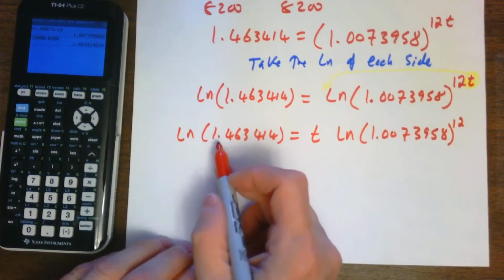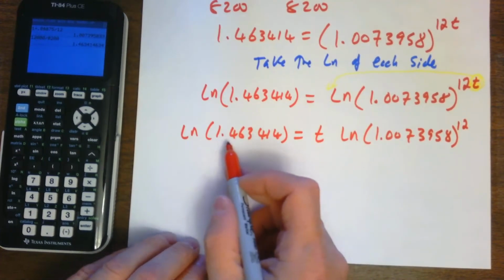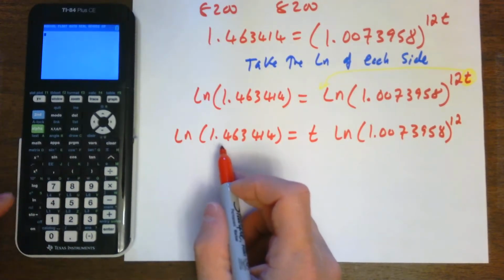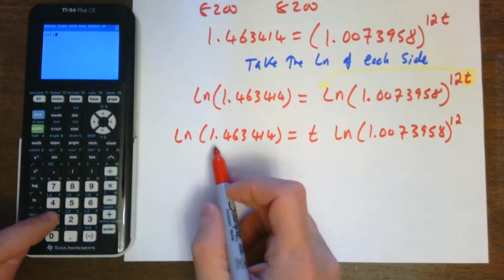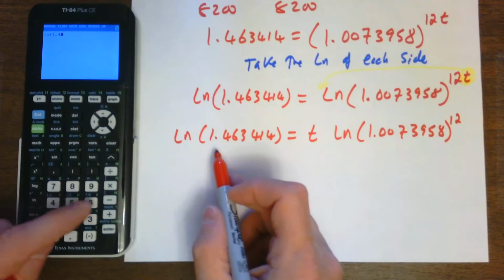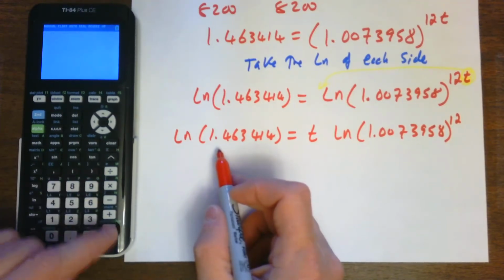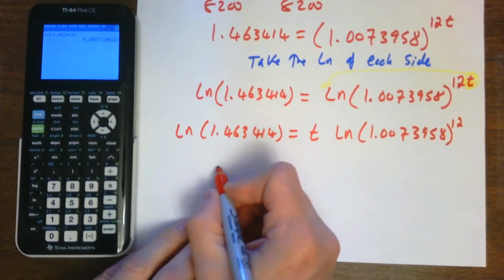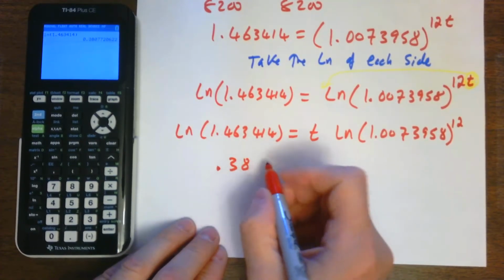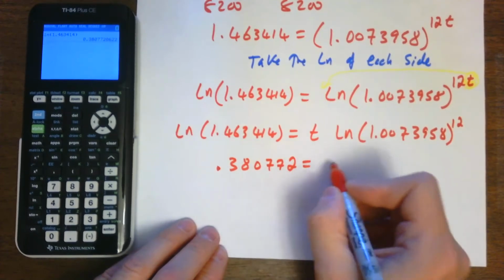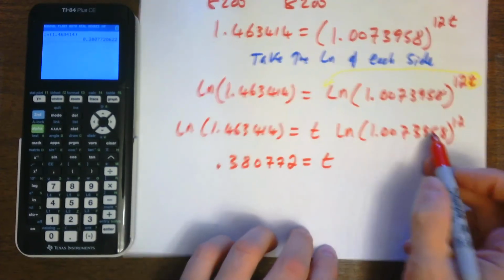If I do the calculations, these numbers are not going to be very nice numbers, certainly nothing I could do without a calculator here. Let's see. What is the natural log of 1.463414-ish? There it is. It's 0.3807772 equals t times, well, what's this?